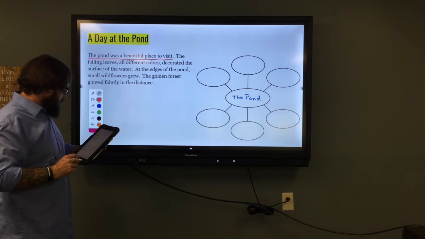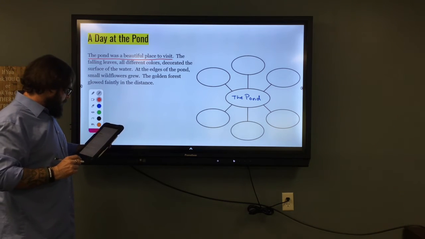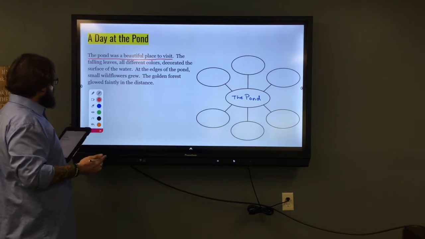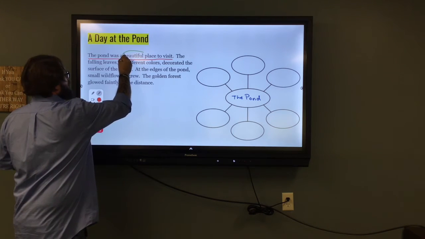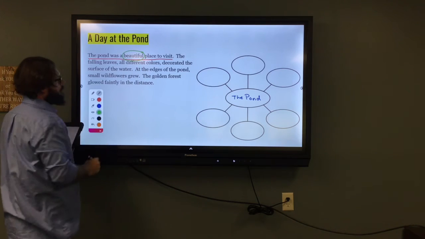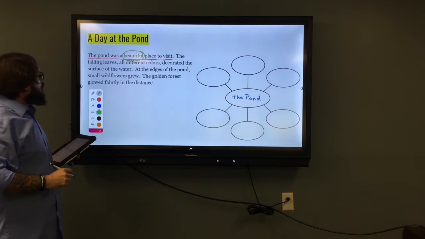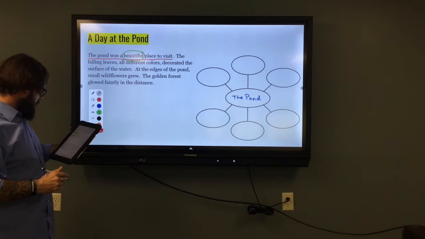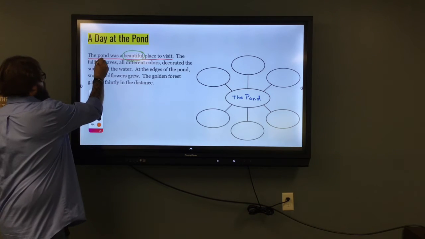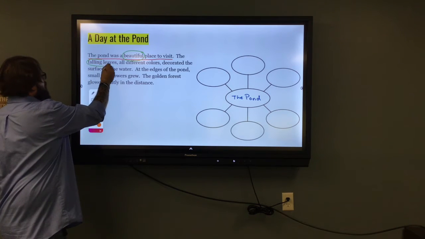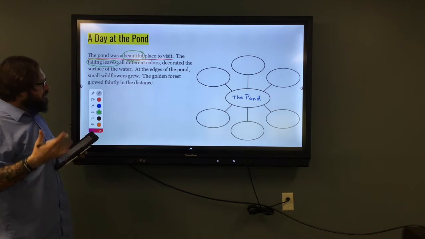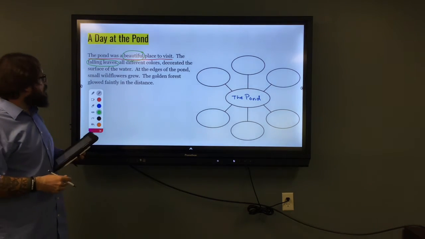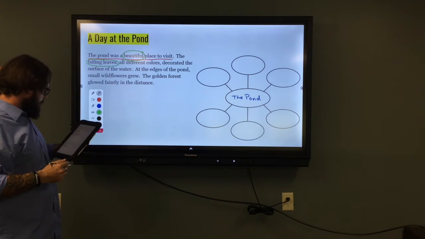Now, what are some of the details the author uses to describe this scene at the pond? Well, we see in the first sentence that he states that the pond is beautiful. He talks about the falling leaves. More descriptive language about the pond itself, or the scene at the pond.